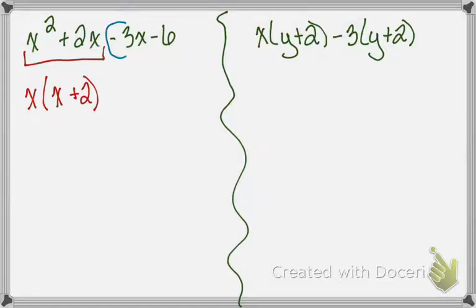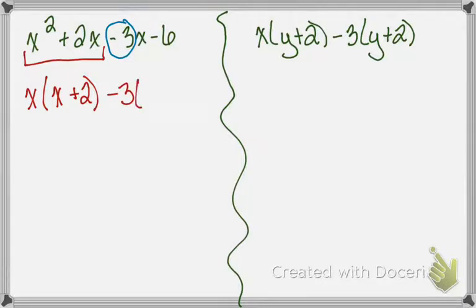Do you see how I have a negative value right there? Okay, that is an indication that you need to pull out a negative. Okay, so instead of taking a 3 out of both of those, what am I going to pull out? Negative 3. Okay, so I have minus 3.